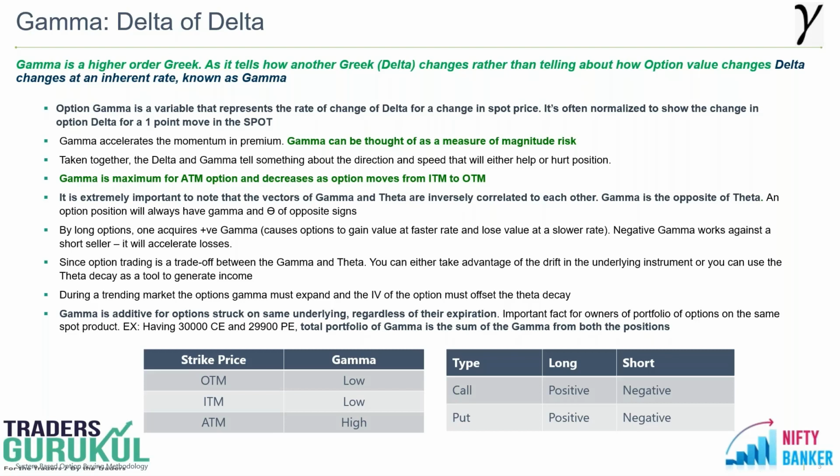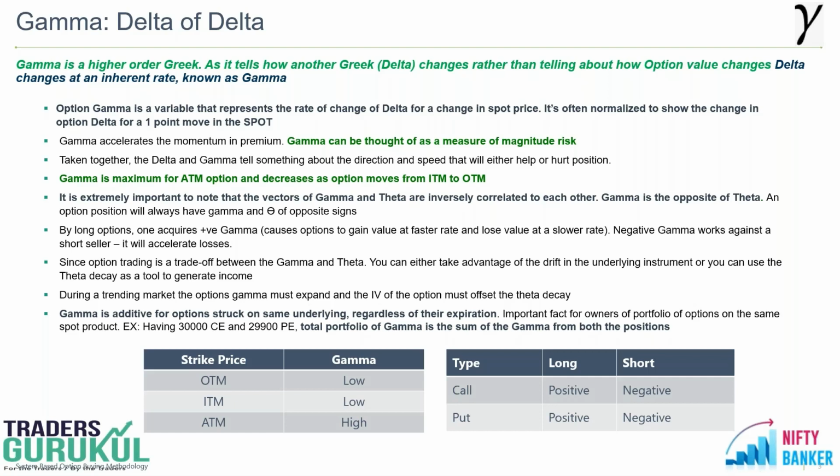So during the trading market, the option gamma must expand and the IV of the option must offset the theta decay. One of the reasons why gamma scalping is done: not only do you want to neutralize the delta aspect of it, but you also want to offset the theta, with both the call and put sides having gamma coming your way that is meant to offset the theta.